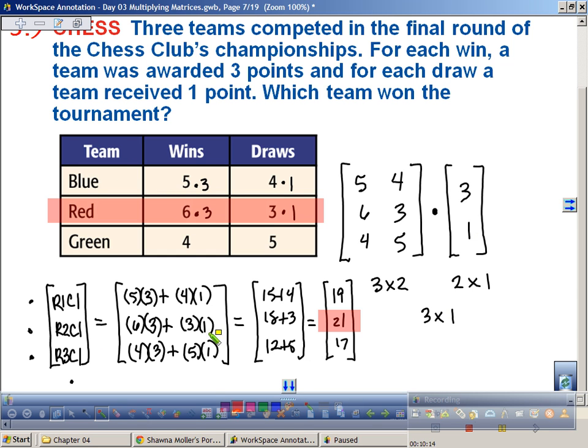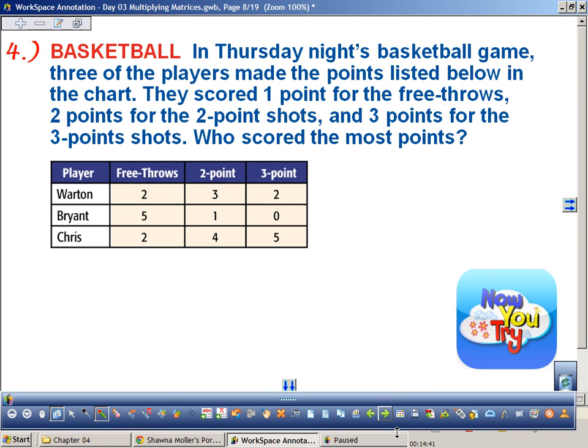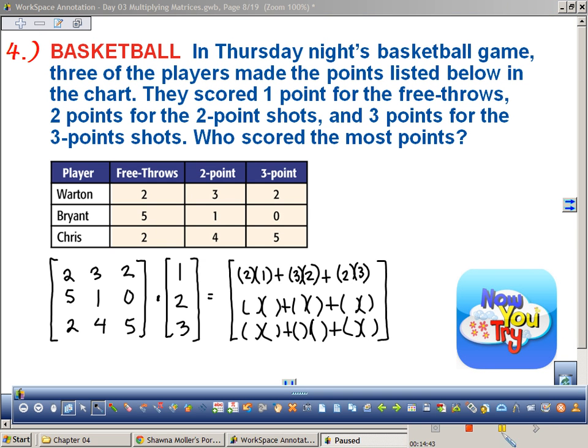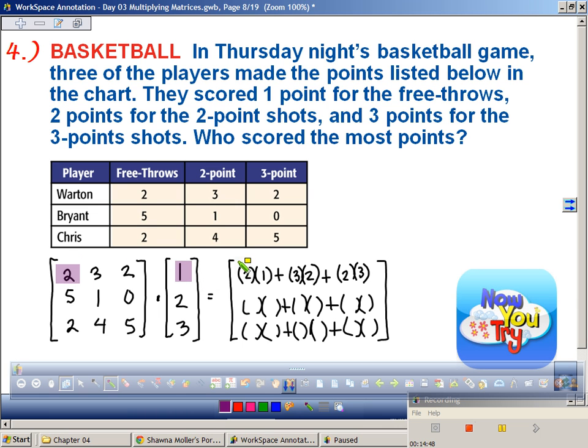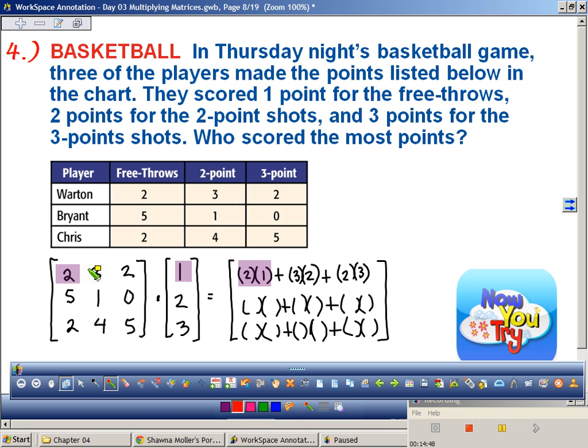Would you rather copy this one down or do one on your own? Okay. Here's one for you. Okay, so some of you may want to do it this way. Once you set it up, I know I've got a 2 times a 1, that's this one, a 3 times a 2, that's this one. Then a 2 times a 3, that's this one.